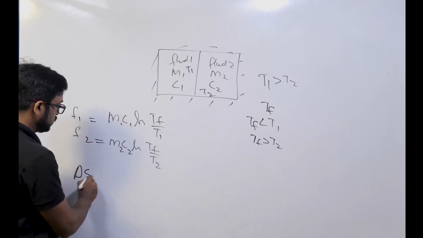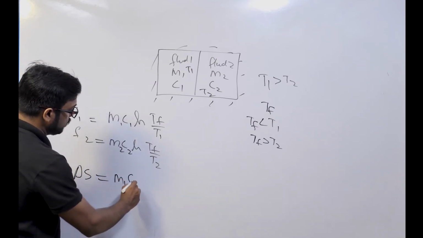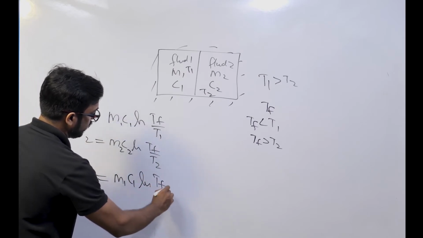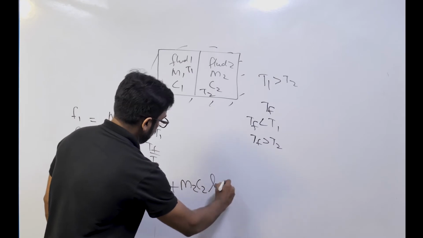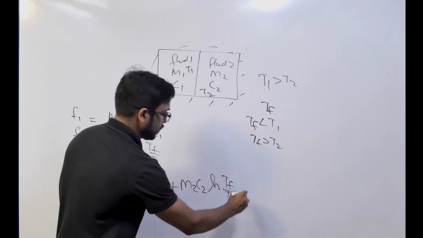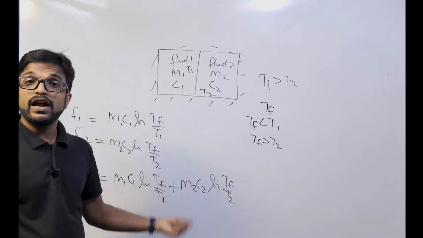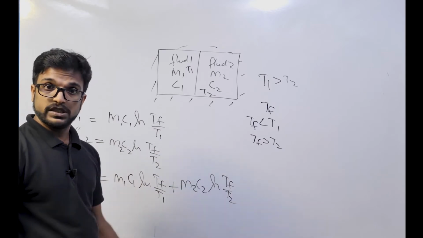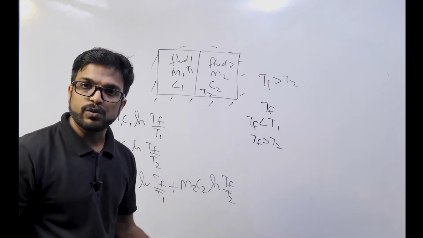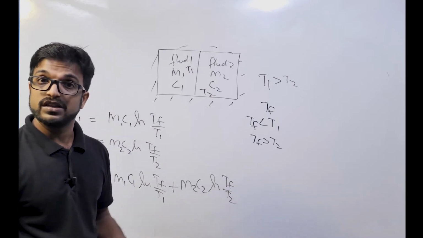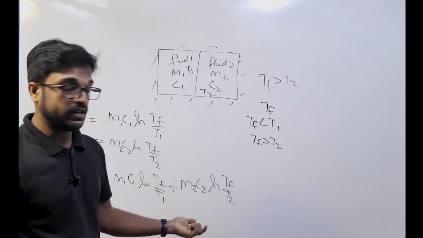So the total entropy change is m1 C1 ln of Tf by T1 plus m2 C2 ln of Tf by T2. The question is whether that entropy change is greater than 0, less than 0, or equal to 0. That's what we are going to find.